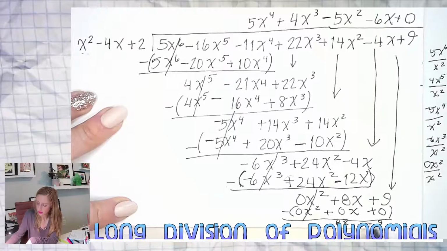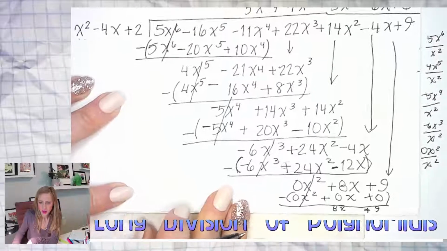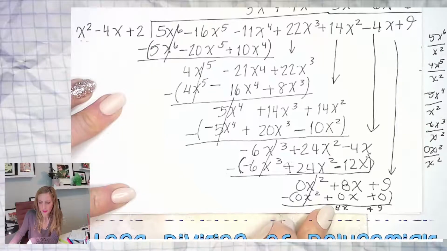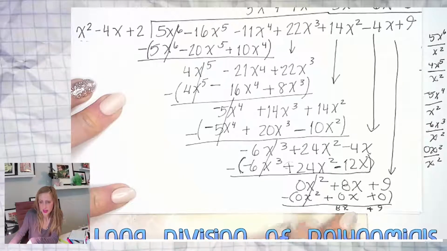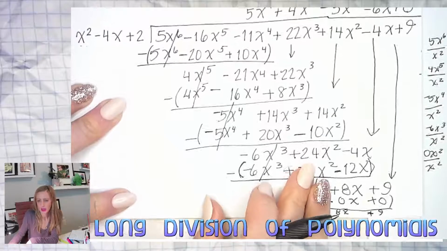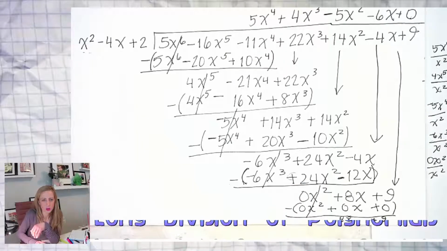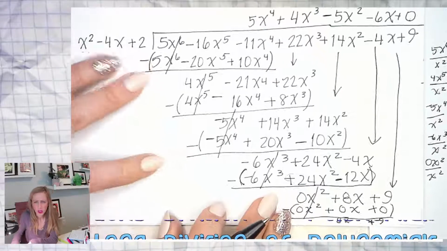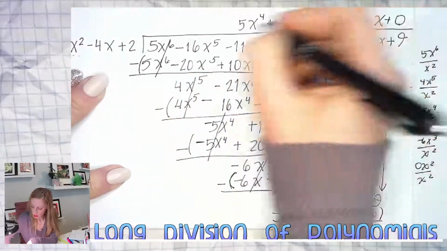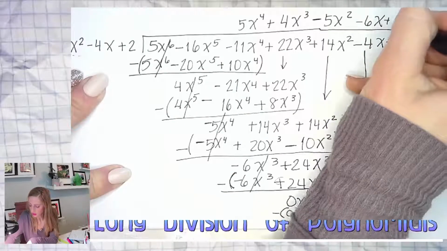Now, anything that's left, see, I don't have a third thing to bring down. I don't have a third thing to bring down. So this is actually my remainder. So I'm going to take this 8x plus 9, which is positive 8, okay, which is important. I'm going to take that 8x plus 9, and when I write my answer up here, that's my whole big quotient, plus, I'm just going to squeeze it over here.